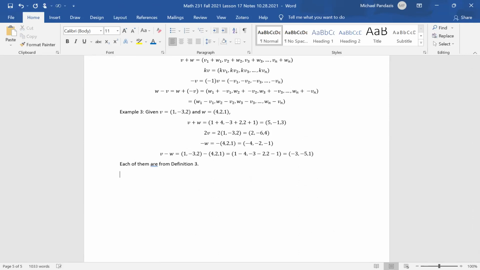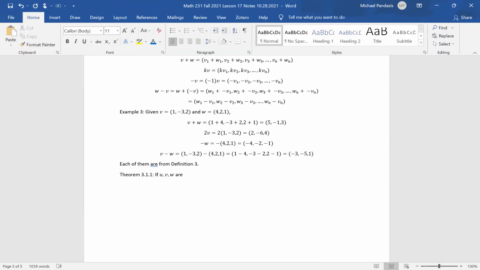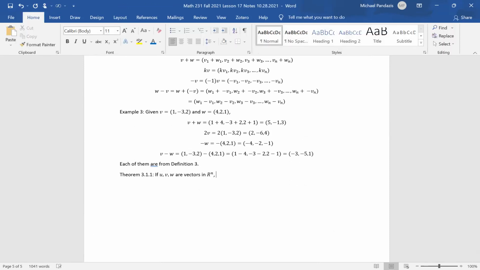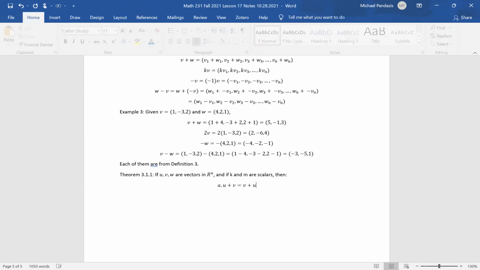Okay, so next is theorem 3.1.1. It says if u, v, w are vectors in Rn, and if k and m are scalars, then A, u plus v equals v plus u.